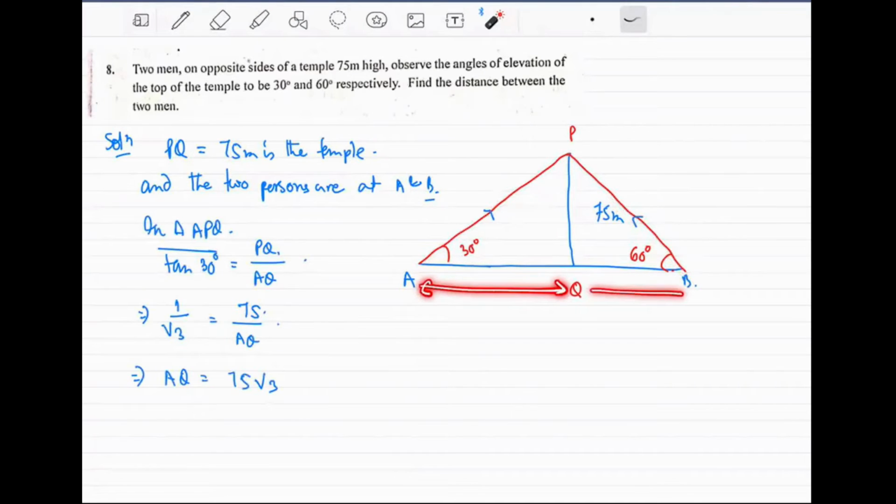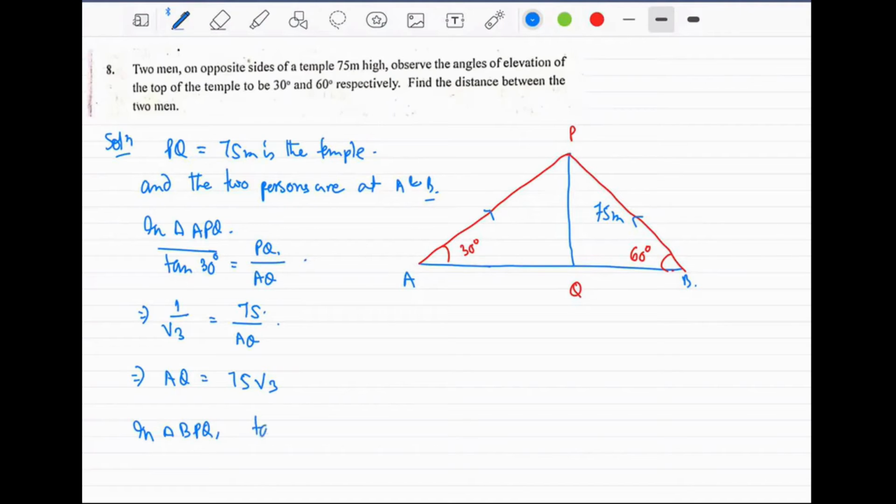And now we have found out the value of AQ. Now it's time to find out the value of BQ by using the other triangle. If we know BQ and AQ both, sum them, we will have this whole distance right here. So you take the other triangle, in triangle BPQ, we will have tan 60 degree. This will be opposite by adjacent.